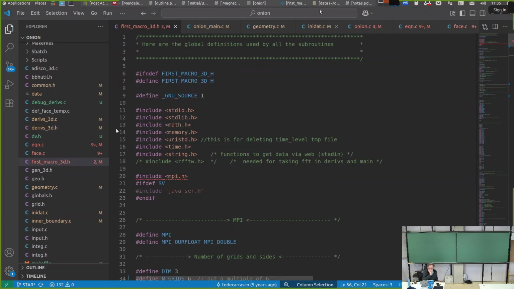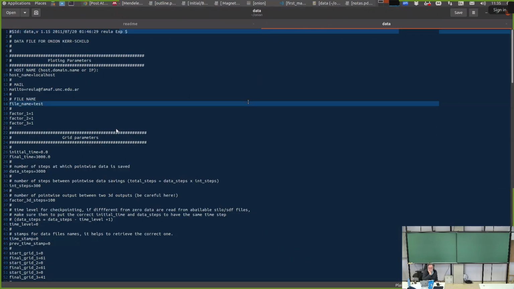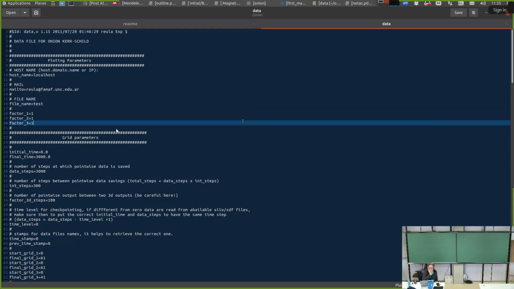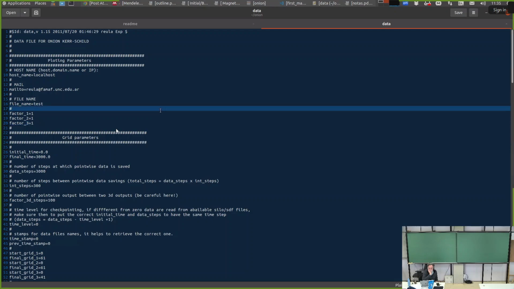And there is another way of modifying the run, at the time of running the code, right? So there is this input data file that the code will read when it starts running. And here you can prescribe many of the different parameters for a given run.